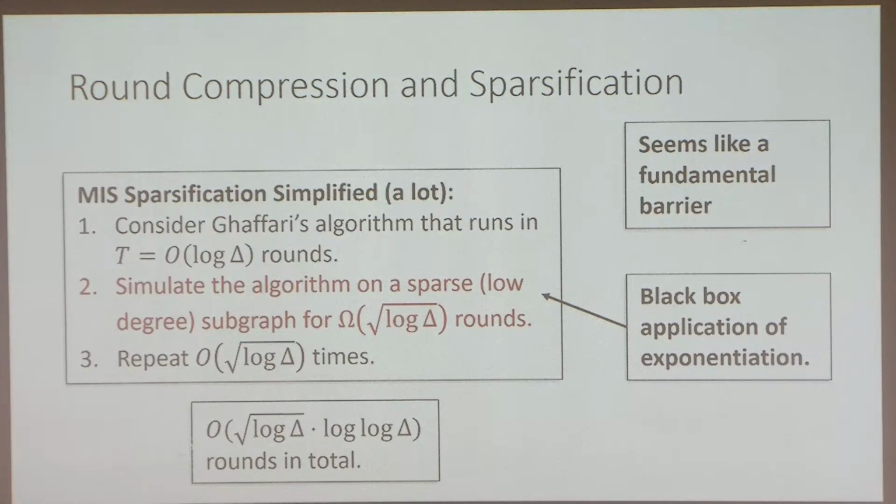Our analysis is tight in the sense that at least with what we tried, you cannot make it better than that. But on top of that, when we do this compressing of the rounds, we really shove it eyes closed into this exponentiation framework. And that also means that there's no hope with this approach of getting below log of delta.